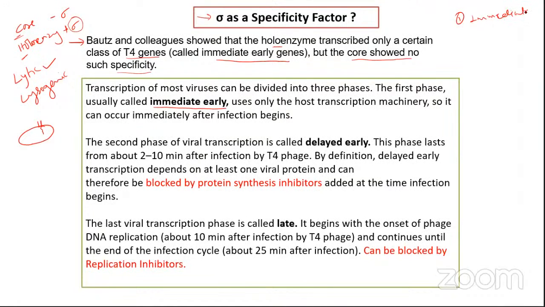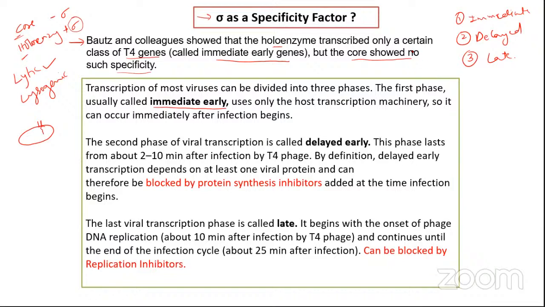Next in line, once the products of immediate early genes are available, transcription of delayed early genes begins. So first are immediate early, next are delayed early. And when the products of both these genes are available, the third ones are called the late genes. These are transcribed last.